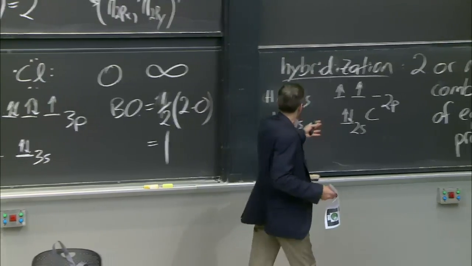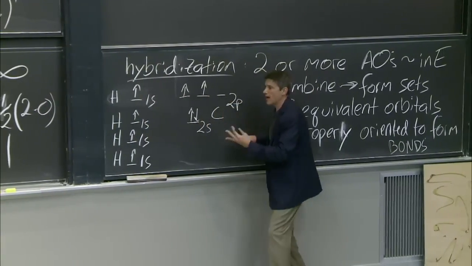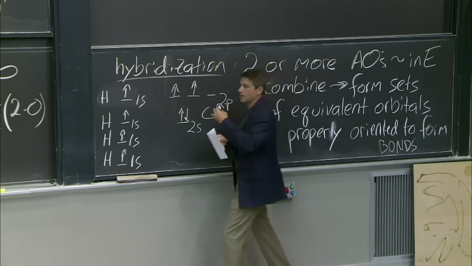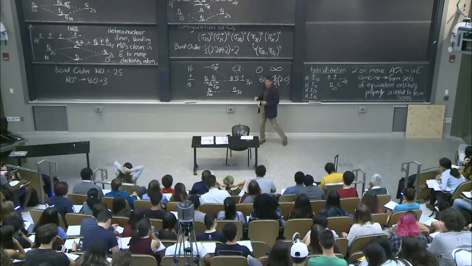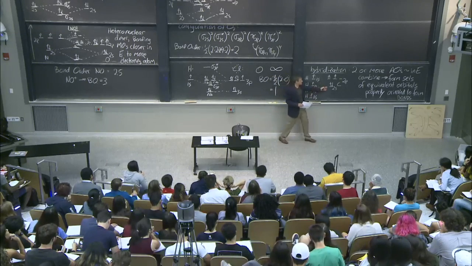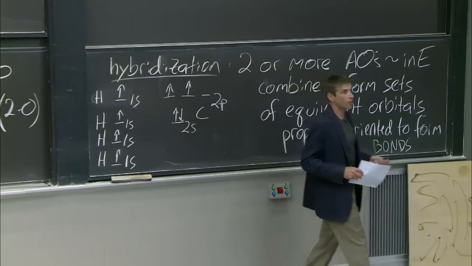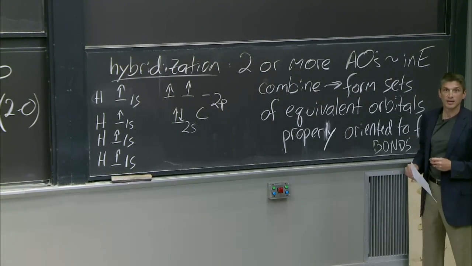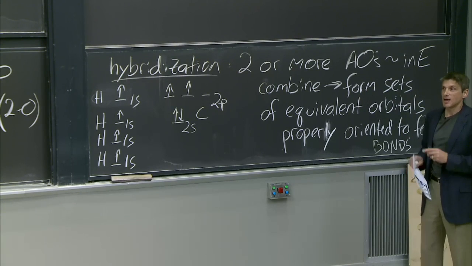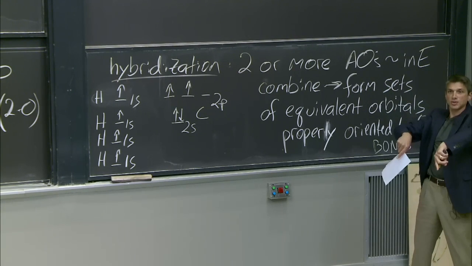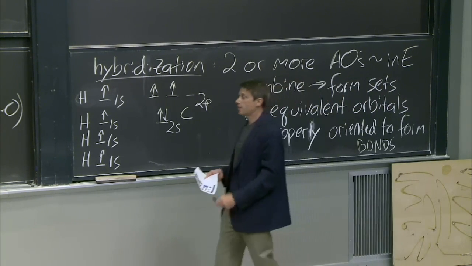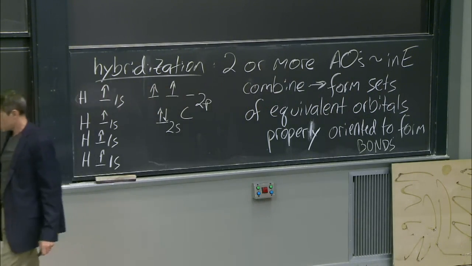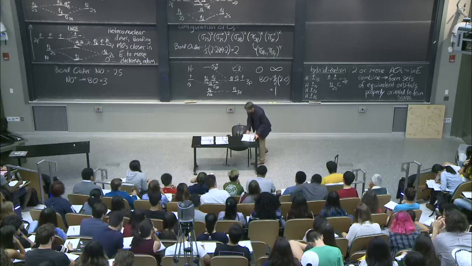So what this system sees is a way out, and by way out, I mean a way to happiness, a way to lower energy, where all 4 of these can bond to the carbon atom if it has 4 same bonds. If it had 4 same bonds, then it can orient them tetrahedrally and make VSEPR happy, minimize repulsions, and you get your methane molecule.